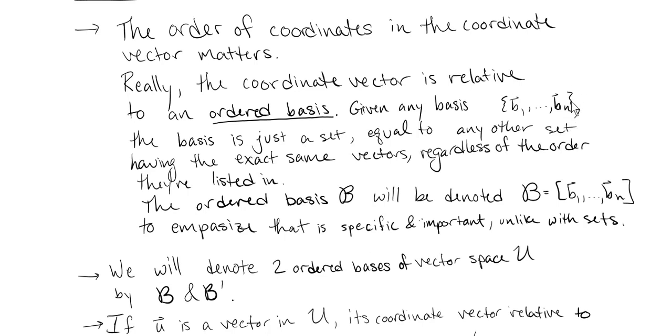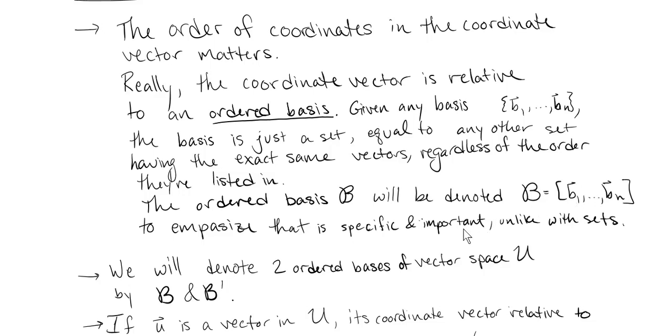So we need to specify not really just a basis, but an ordered basis, which we'll denote with a script B here. We're going to denote that with these square brackets instead of these curly braces. And the order we write the vectors in these square brackets will be fixed, right? We'll say that this ordered basis here is not equal to any other ordered basis unless it's the same exact vectors in the exact same order.